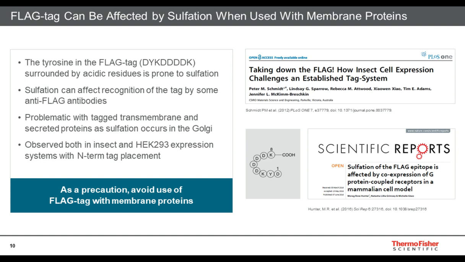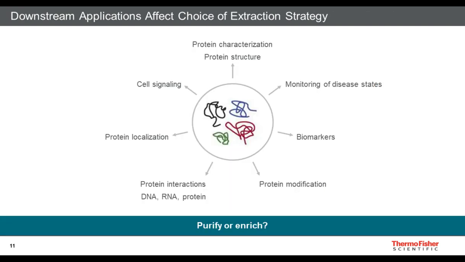So if you use the flag epitope tag on overexpressed membrane proteins and can't successfully purify it on anti-flag supports, it is likely not a problem with the chromatography resin or the beads. So it's best to be safe by choosing a different epitope tag for membrane or secreted proteins.